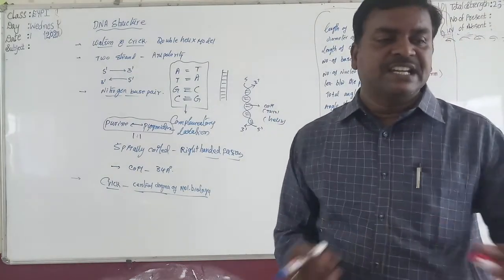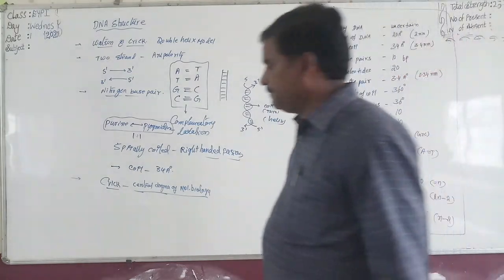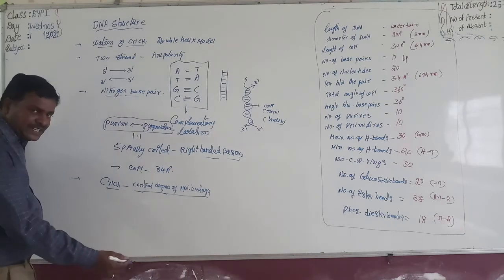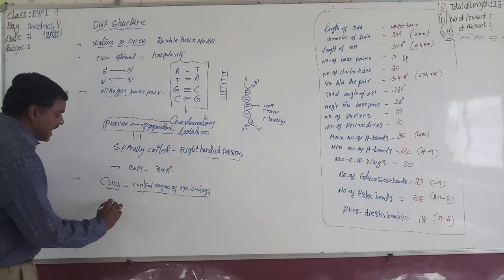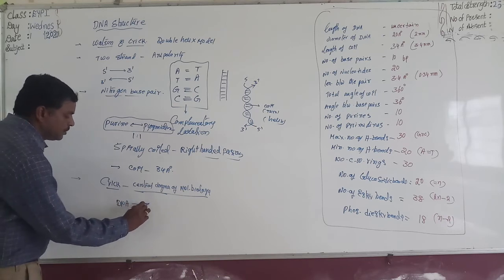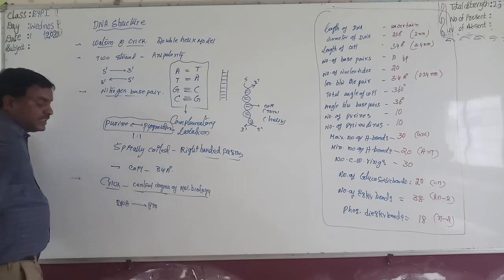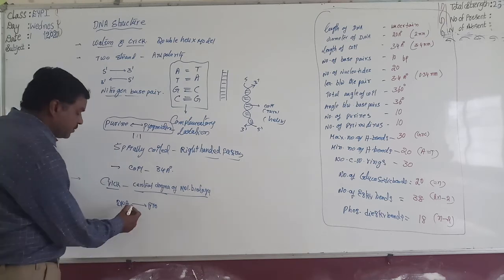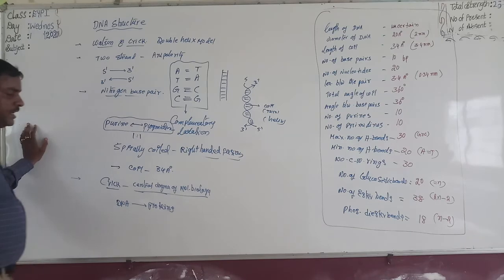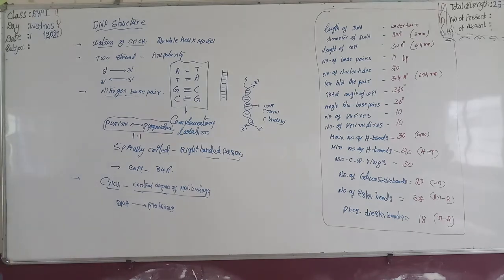And what is the central dogma of molecular biology? It explains the transmission of genetic code from DNA to proteins.